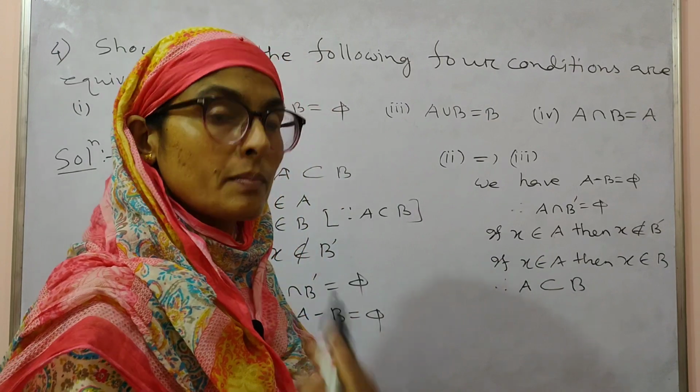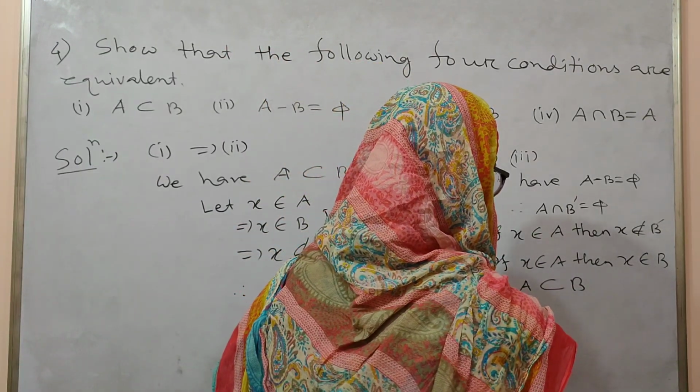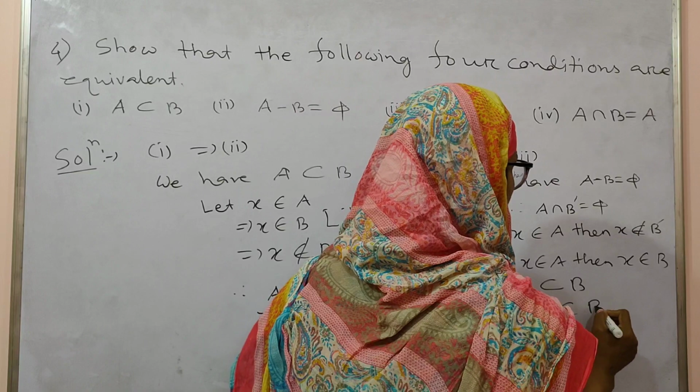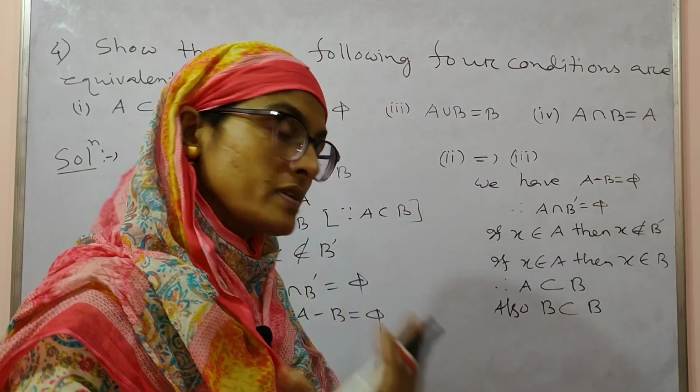A is a subset of B. Also, B is a subset of B. Every set is a subset of itself.